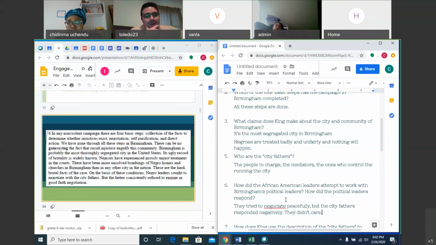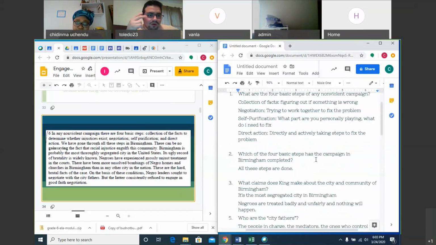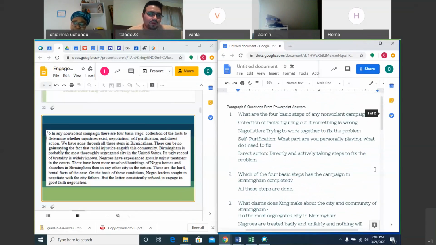Okay. When they are talking about collection of the facts to determine whether injustice exists, first you have to see where the bad things are happening, or what is wrong exactly. And after that, you have to go into the negotiation, try to solve that problem together with the other party.